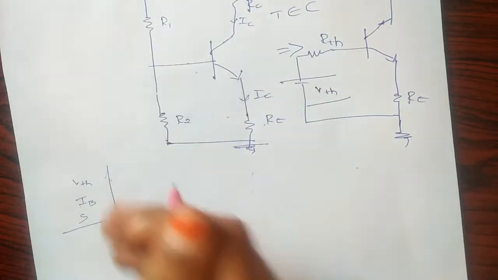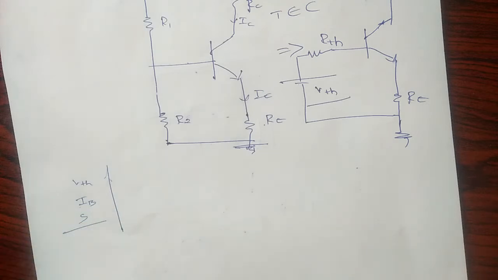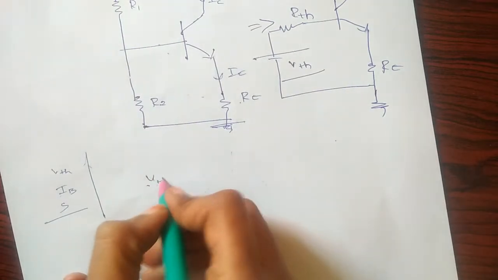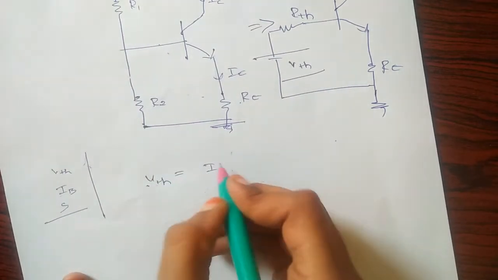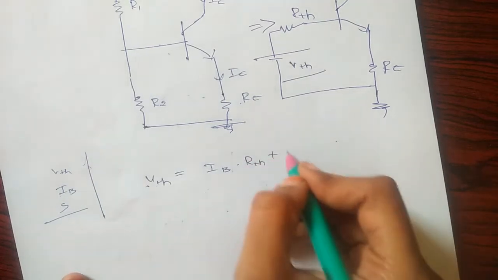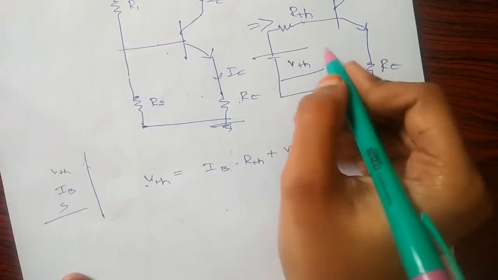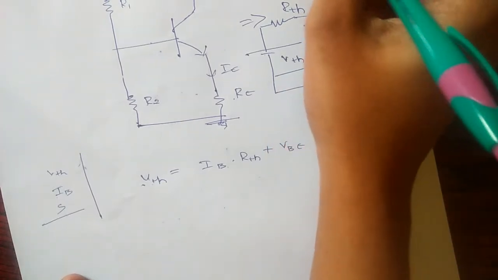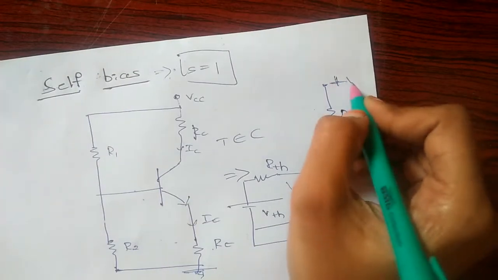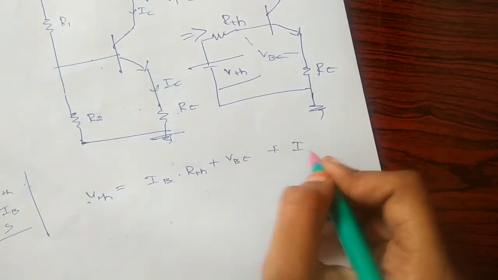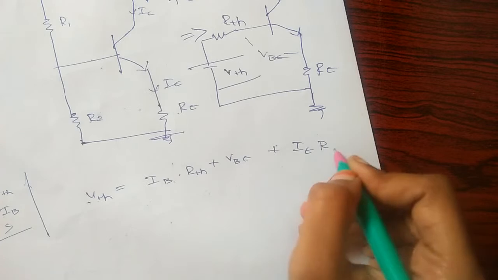So to find VTH, let's apply KVL at the input side. If you apply KVL at the input side, then we get VTH is equal to IB into RTH plus VBE plus IE RE.